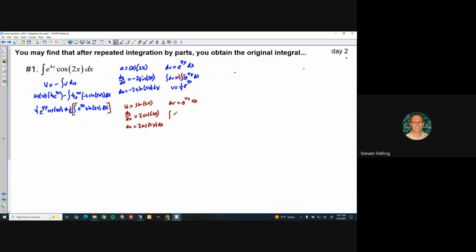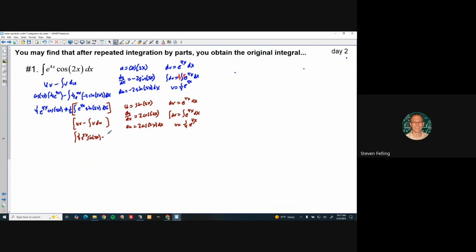And the antiderivative v is again going to be 1/4 e to the 4x. So inside of this bracket, we've got uv minus integral v du. That means the uv is going to multiply to 1/4 times e to the 4x times sine of 2x.